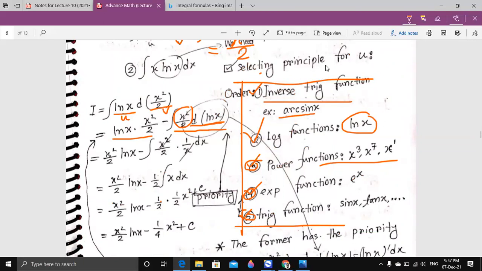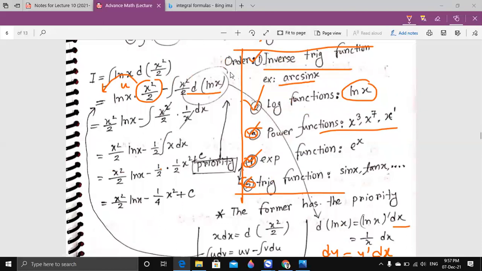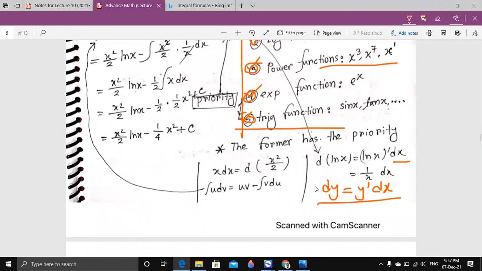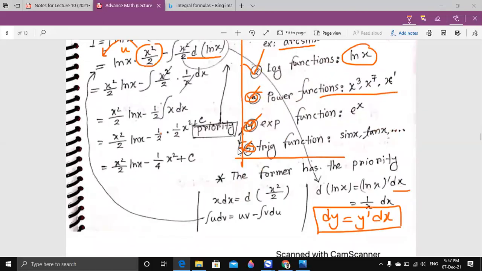So do you understand the second line? Yes. Okay. Now let's go to the third line. So now we can just take this on the left side and d ln x. So d ln x will be ln x derivative dx, right? From this small formula.